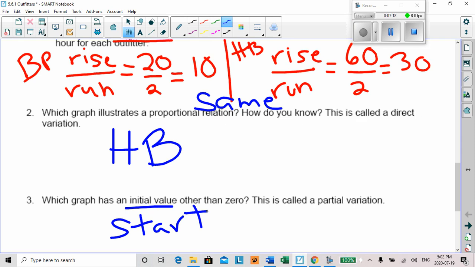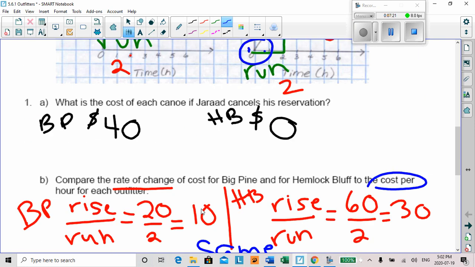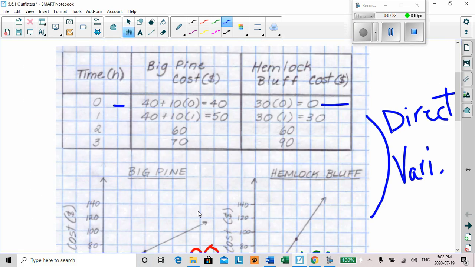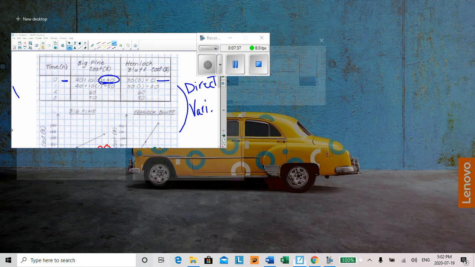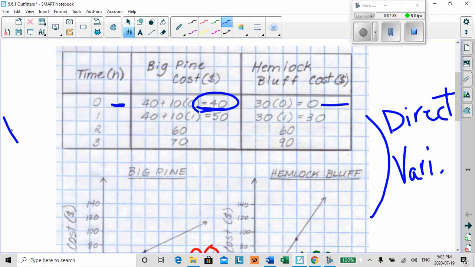So the one that has an initial value other than 0 at time 0 is this guy. So that means if this is a 0 and this is not a 0, this one is an example of what's called, let's see, I can't make it right.